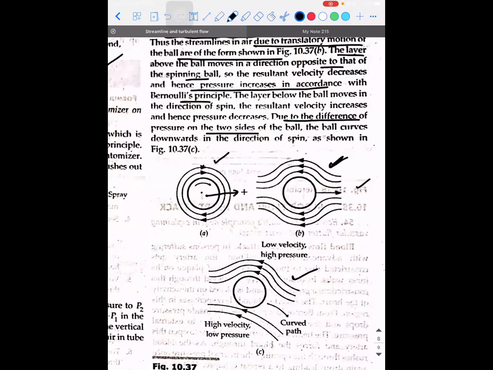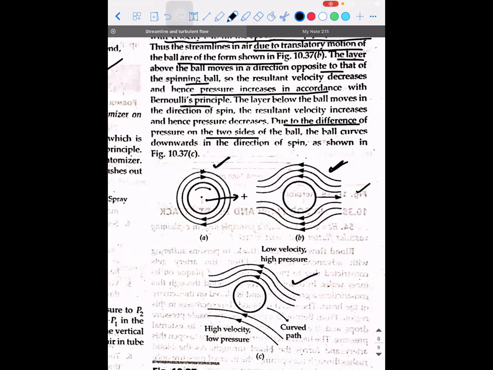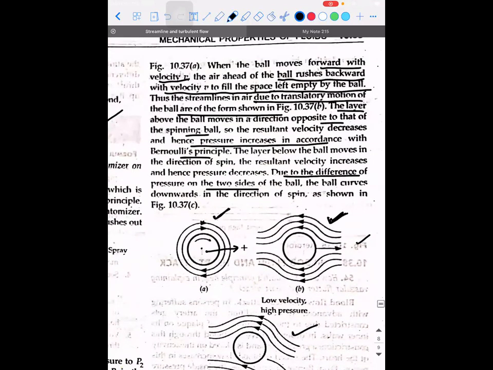Okay, so here there is no mathematical expression. What you need to understand, let me put it in simple terms, is that when you give spin to the ball, a layer of air is formed around the ball due to the viscous drag. Then a streamline is formed.